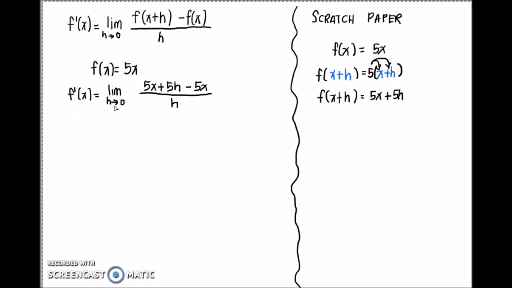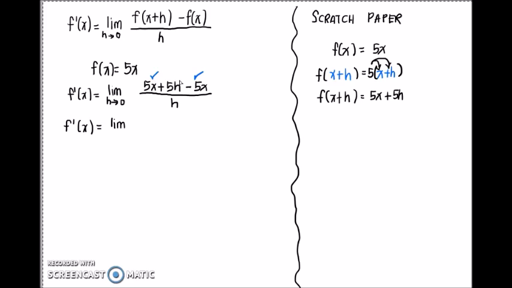Okay, so again, the same way as what we have done on the previous example, let's first simplify the numerator. So f prime of x equals the limit of, so let's combine like terms. That would be 5x minus 5x, which will give us 0.